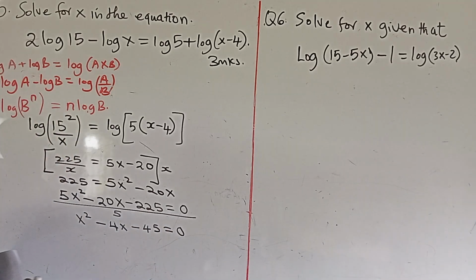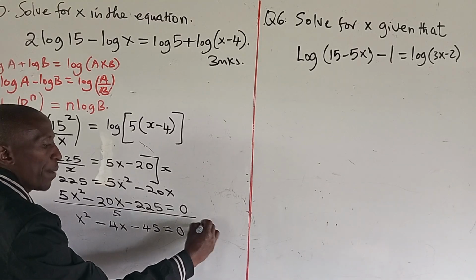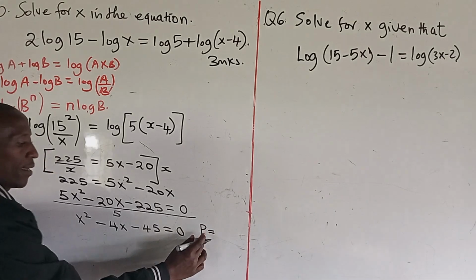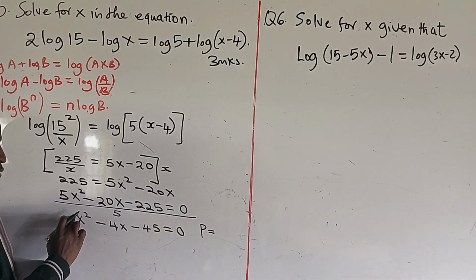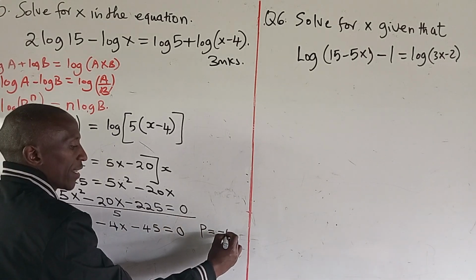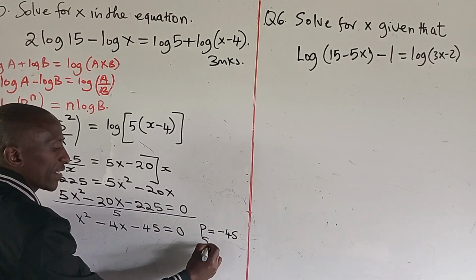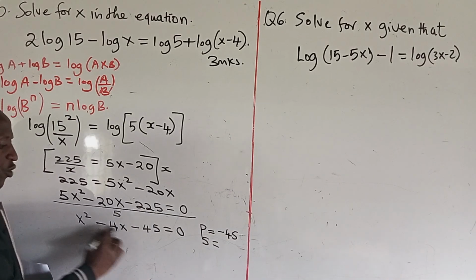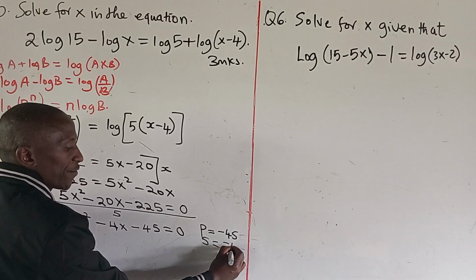One of the simplest methods is factorization. You use the factorization method to solve this one, whereby we look for two numbers whose product, I like to write P, is 1 by negative 45, that's negative 45, whose sum, S, is the middle term here, which is negative 4.